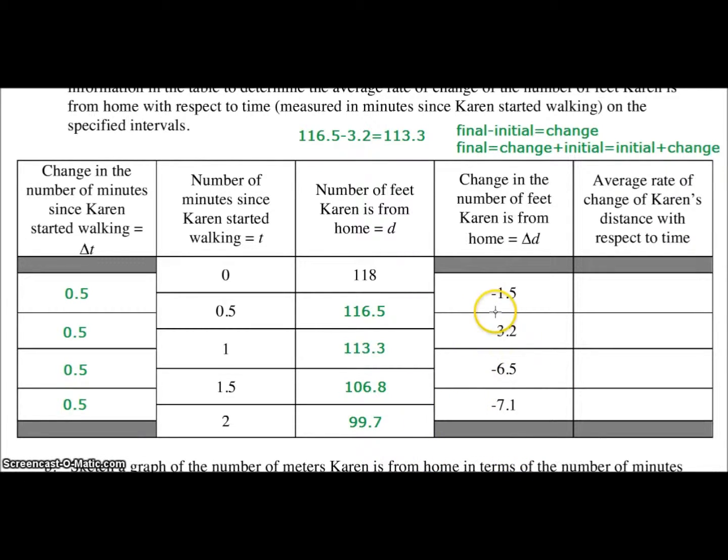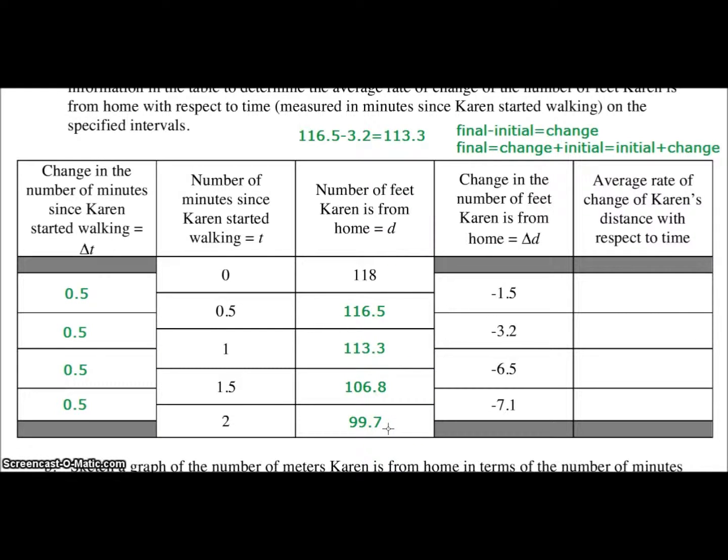So I noticed that these changes in distance are actually decreasing because they're becoming more and more negative. But at the same time, with each 0.5 minute interval, she's covering more distance.